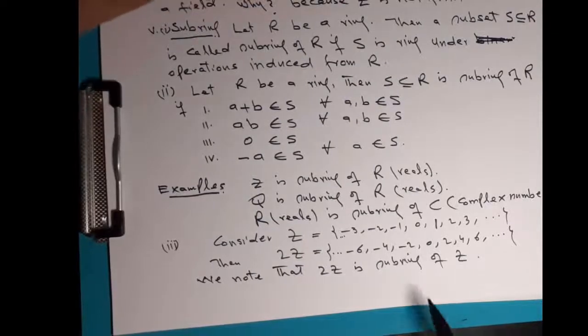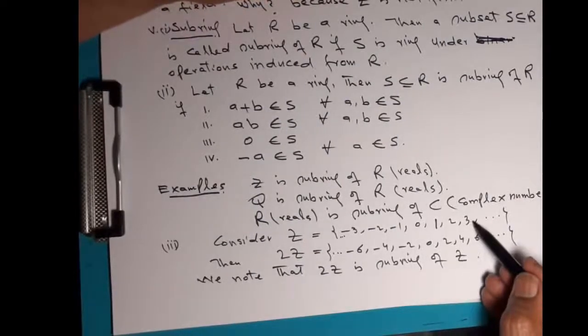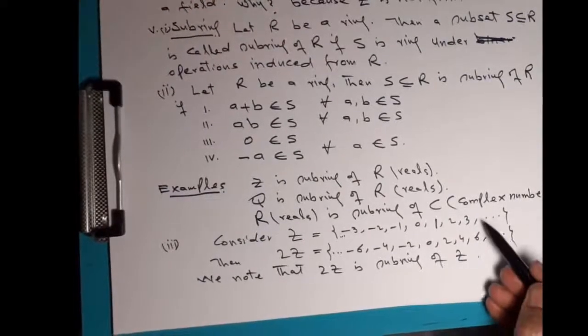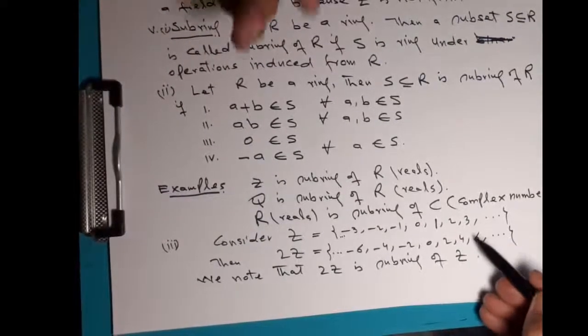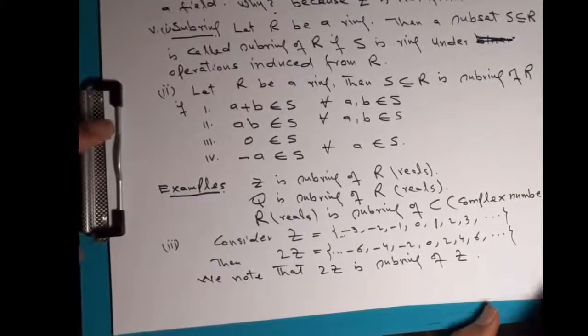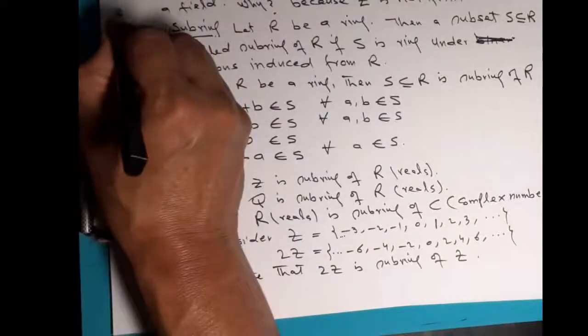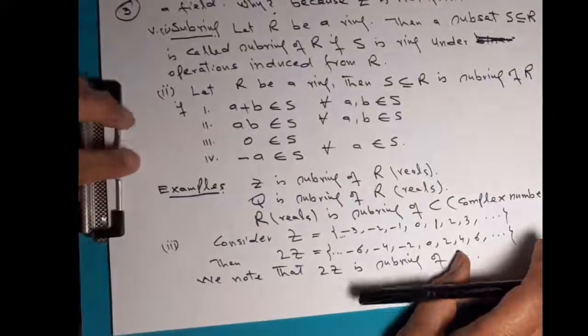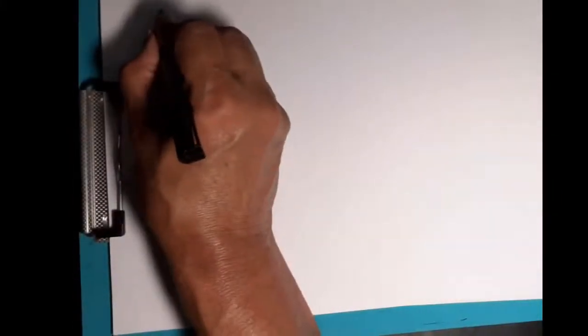So if a ring contains multiplicative identity, its subring may or may not contain multiplicative identity. But if a ring is commutative, then its subring is also commutative, because commutativity is just inherited. So let's make note of these things. Note.